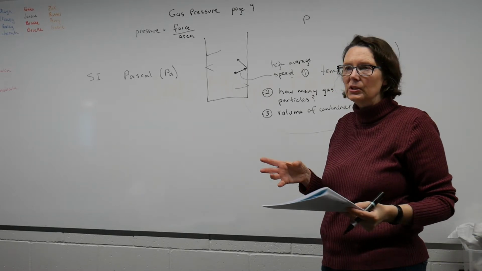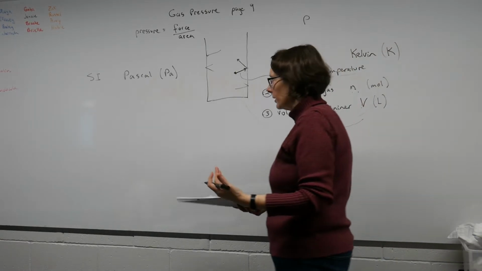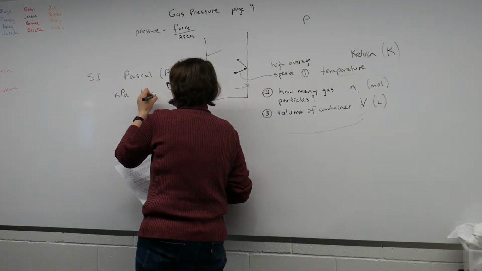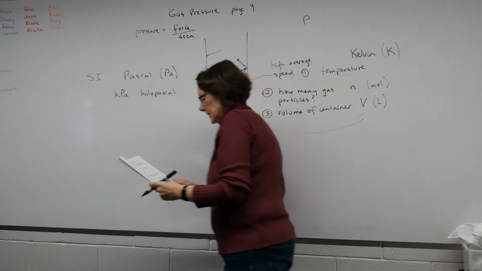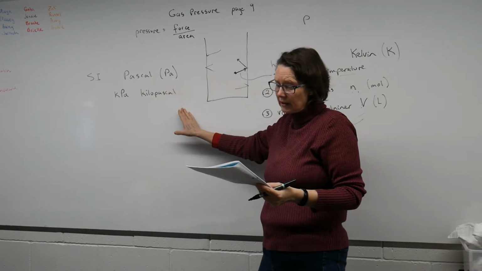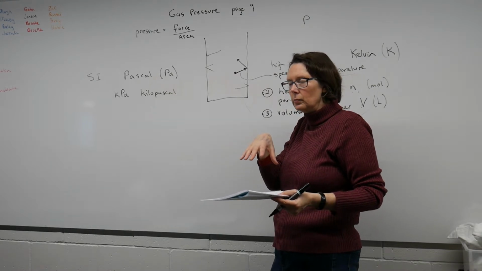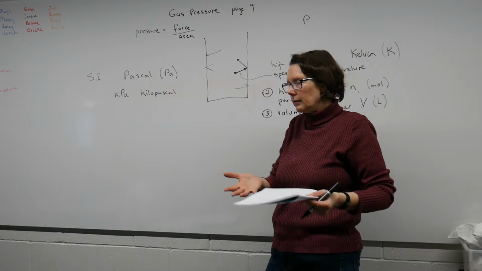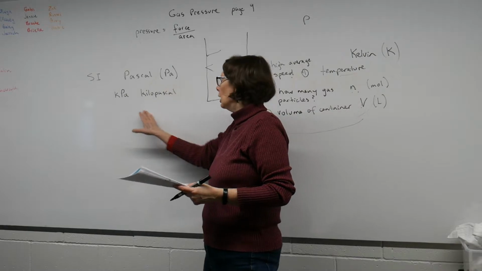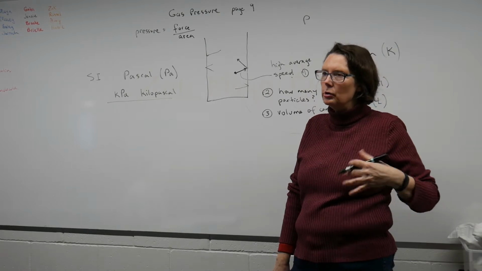It's actually a very small unit, and so most of the time we would express our pressures in kilopascals. So that's 1,000 times. It could also be megapascals or any other unit, and on your formula sheet you've got those prefixes that will remind you of the kind of scaling factor that you would have to use if there is a different unit. But kilopascal is 100% the most common unit of measure of pressure.